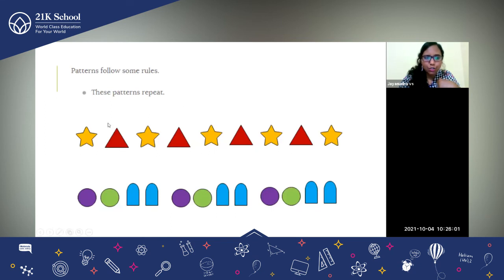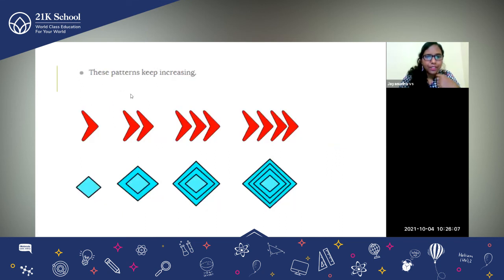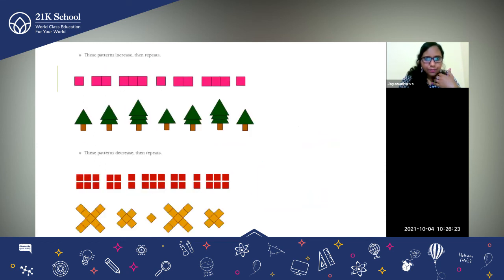Have you worked out these patterns in your earlier classes? Yes. And some patterns keep increasing also, correct? If it is 1 in the first term, then the next terms are 2, 3, 4, like that. Some patterns increase then repeat also.